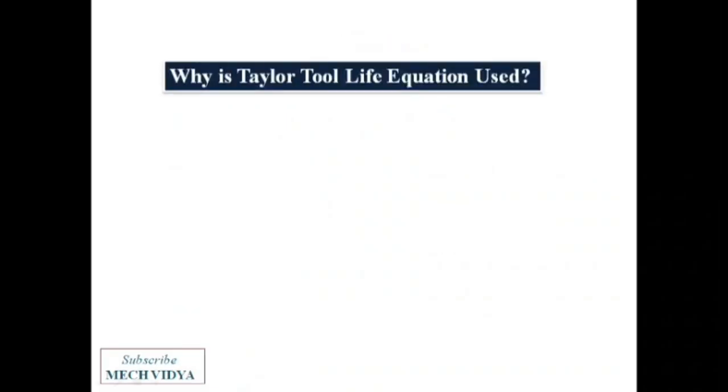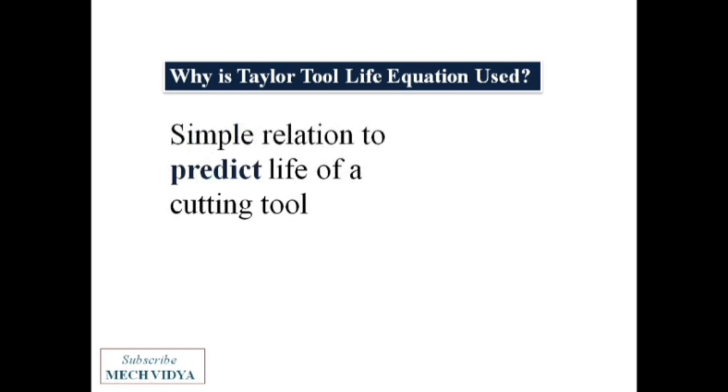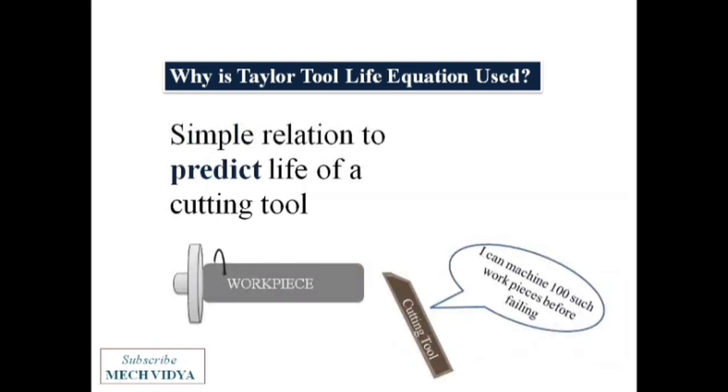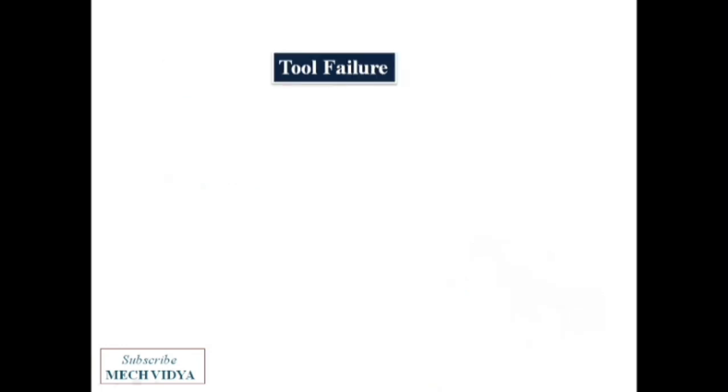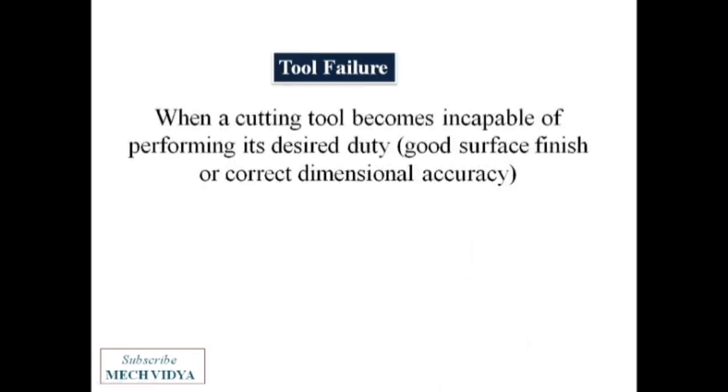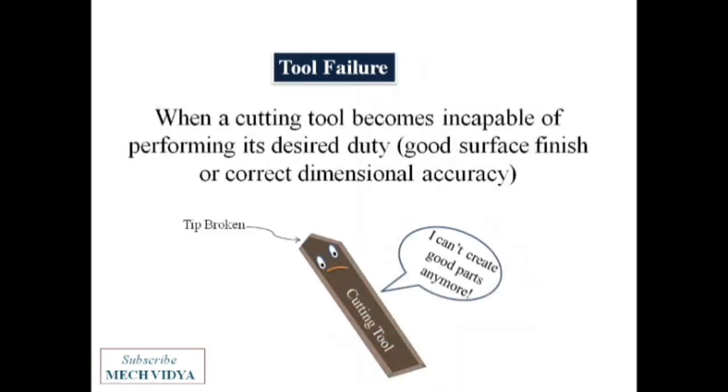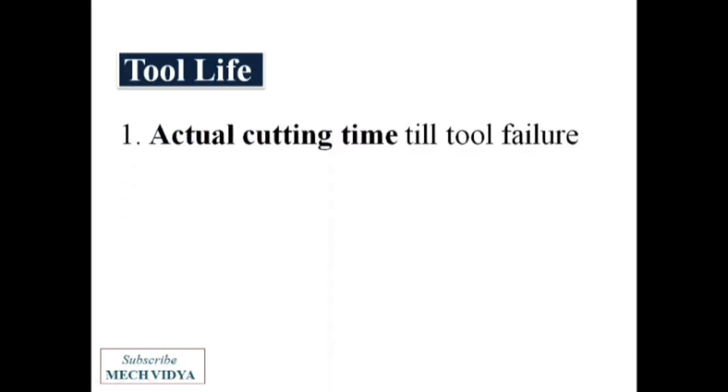The Taylor tool life equation is a simple empirical relation to predict how long a cutting tool will perform without failing. A tool is said to have failed when the tip breaks or it becomes worn out and cannot produce good surface finish on the machine parts. Usually in industries, the tool life is measured based on either of the following three criteria.